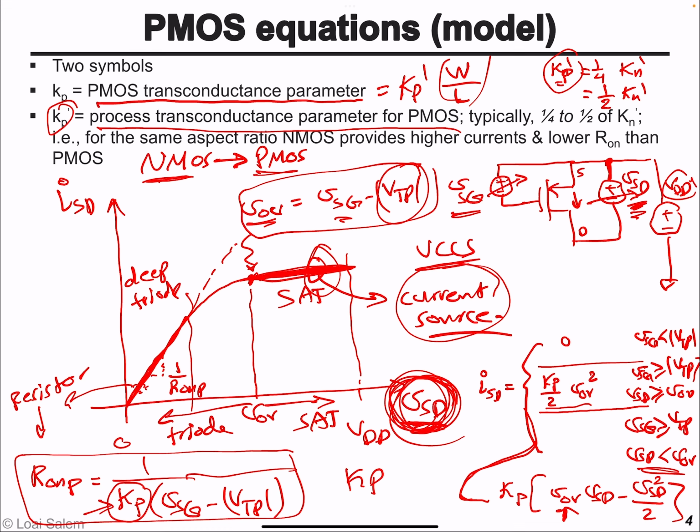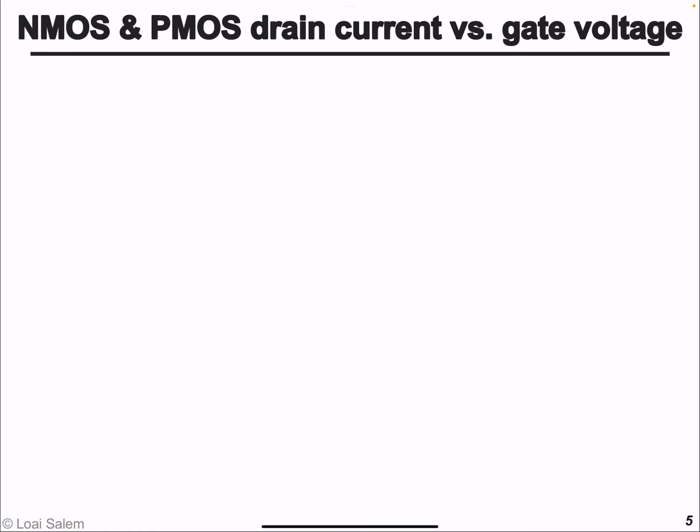Okay, so these are the corresponding three expressions for the source to drain current in a PMOS. Now, one last thing to mention about NMOS and PMOS currents versus voltages relations. So we saw the relation between drain current, in both PMOS or NMOS, versus VDS or VSD.